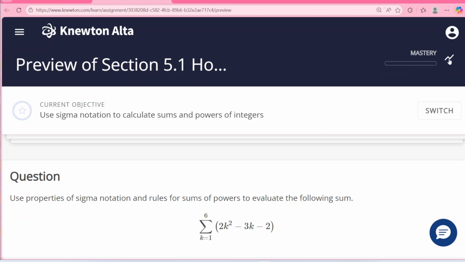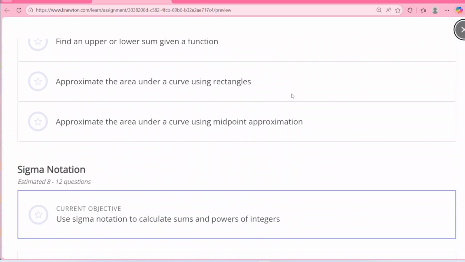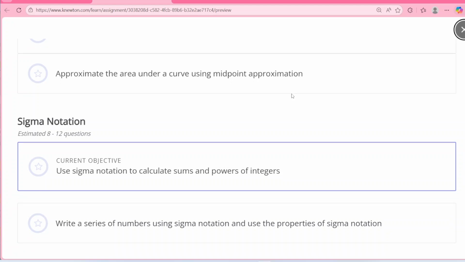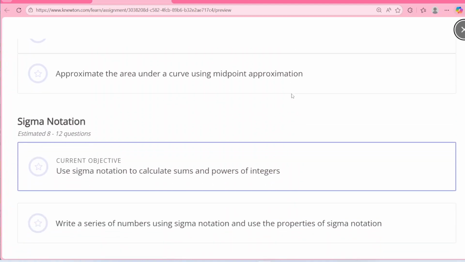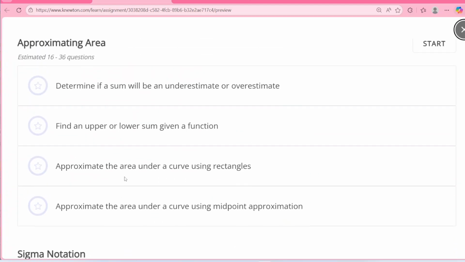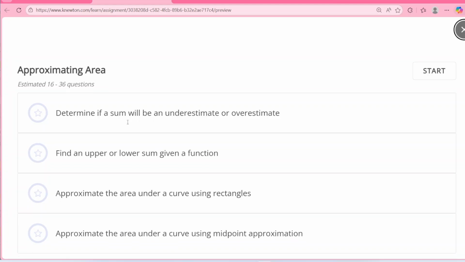Next to that, an activity log, which shows you all of the objectives. So this particular assignment has 6 objectives with 2 headings. So I'll be in the heading sigma notation for the first several problems, and then once I'm done with these 2, it'll move me up into the approximating area objectives.